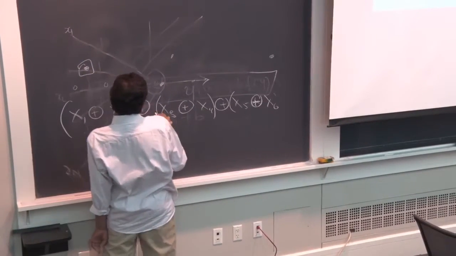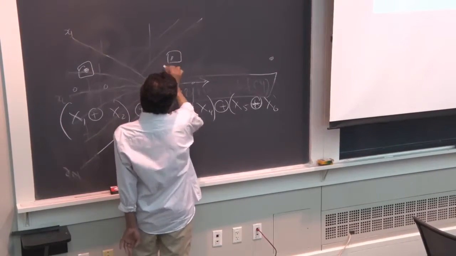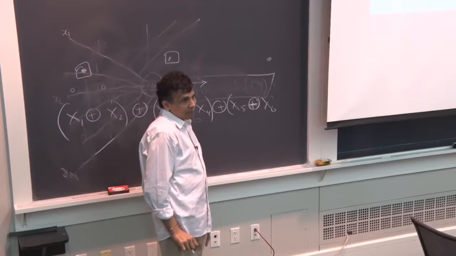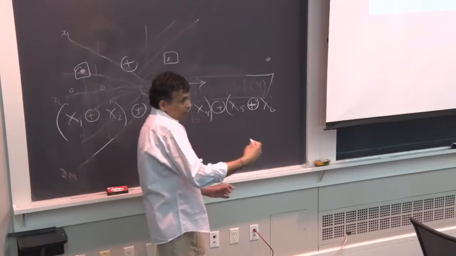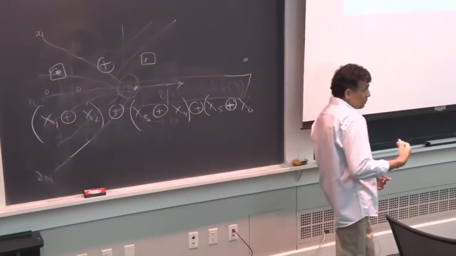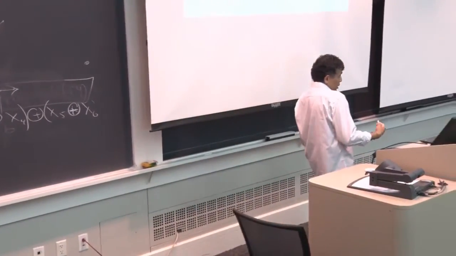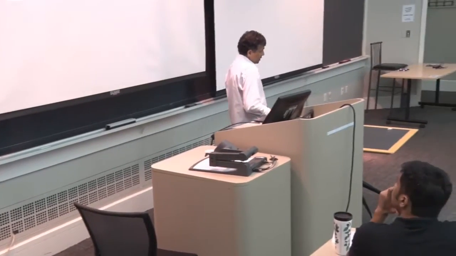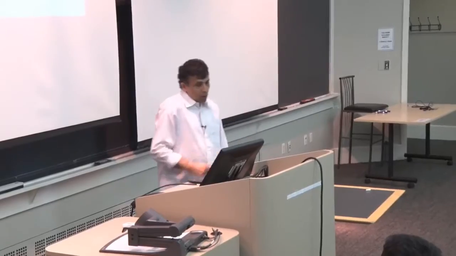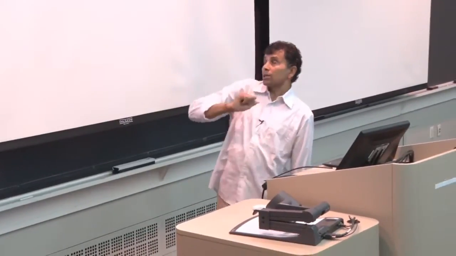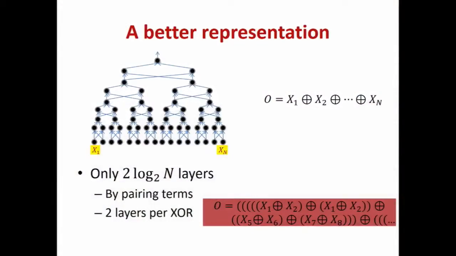What is the relationship between these guys that I must compute in order to compute the final output? It's an XOR again. So now, same thing. I can keep doing this, right? Which means that the number of layers I'm going to require is log 2 of n, or 2 times log 2 of n, to be more precise. So I can actually do this in order log 2 of n layers.